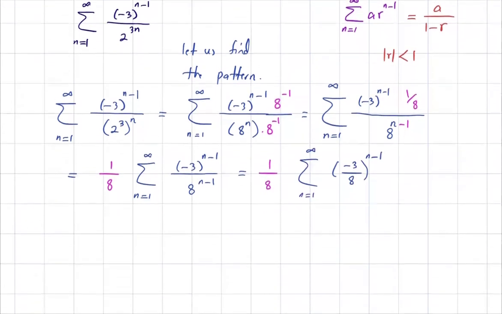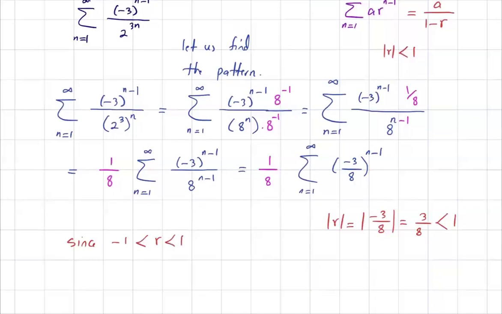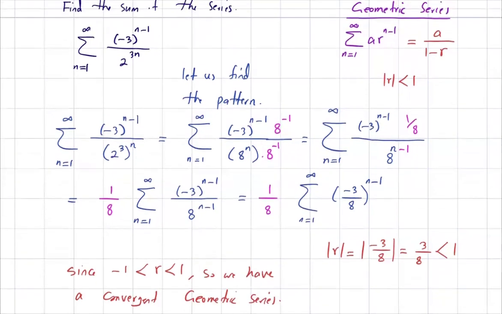The absolute value of the ratio is equal to the absolute value of -3 over 8, which is 3 over 8, and indeed it is less than 1. So since the ratio is bounded between -1 and 1, we have a convergent geometric series, which is convergent to a divided by 1 minus r.